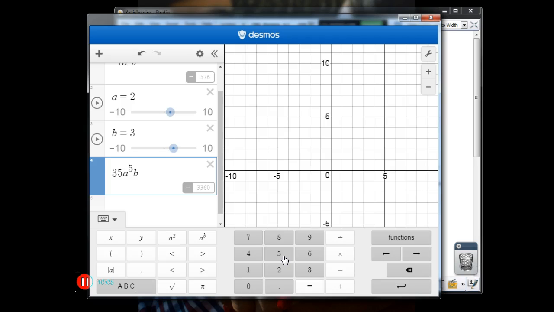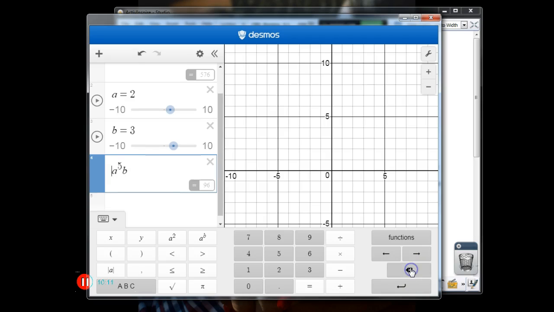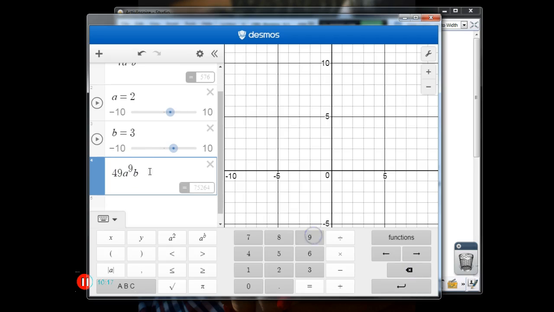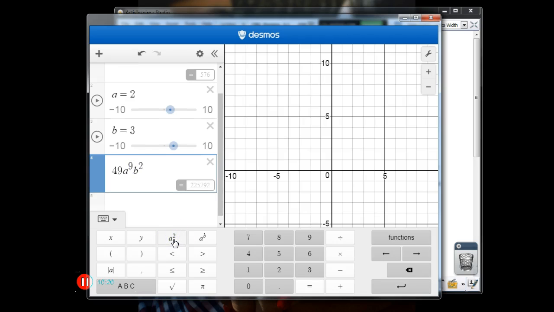That's wrong. They're supposed to be equal. So I'm going to switch to B: 49, a raised to the 9, and b raised to the 11, and that's completely off.